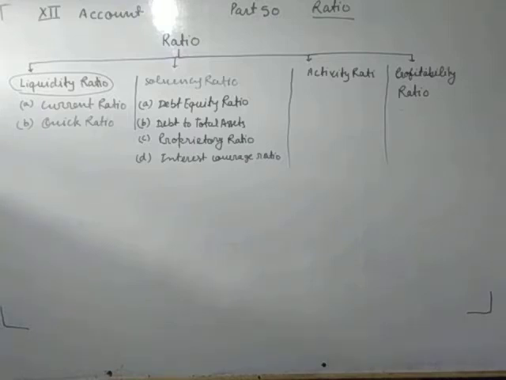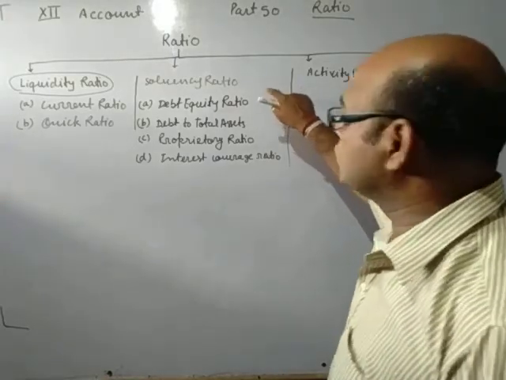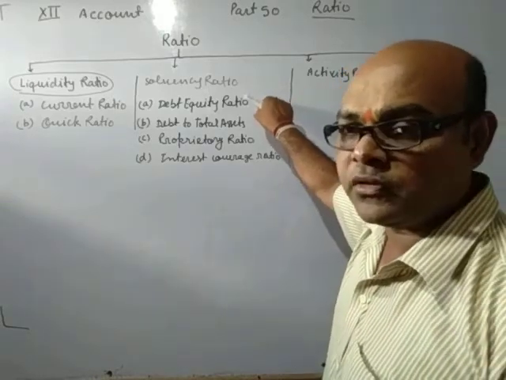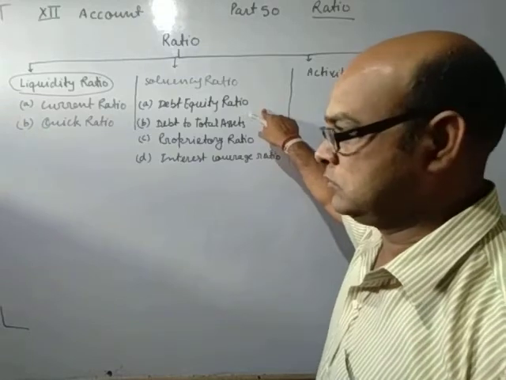Second is the solvency ratio. Solvency ratio is also calculated to know the paying capacity of the firm. But the solvency ratio is used by those persons who provide loans for a long term.